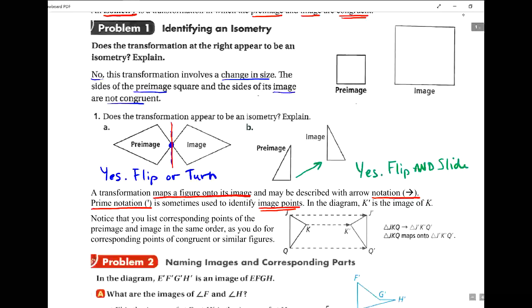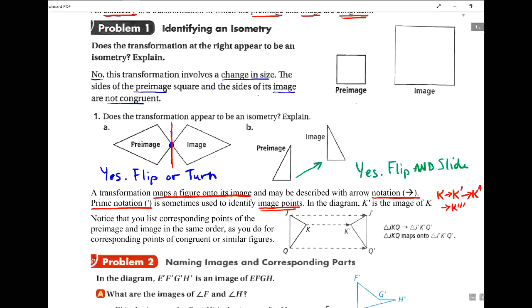So if we look here on our diagram, K prime is the image of K. And if we do multiple transformations, we just add another prime. K double prime would be the image of K prime. So we could go K maps onto K prime, maps onto K double prime, maps onto K triple prime, etc., etc., etc.